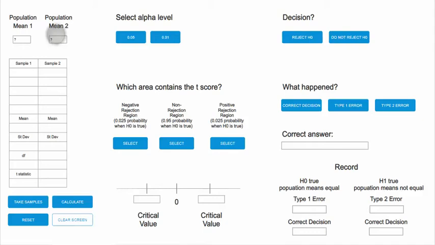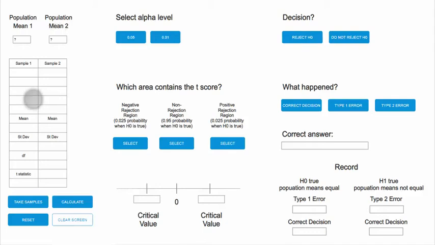And I'm having you imagine that you're a researcher who would like to know if these two populations are different in age. And you're going to be taking a random sample of population 1 and a random sample of population 2 and recording the ages of your samples and running a two-sample t-test to reach a conclusion.